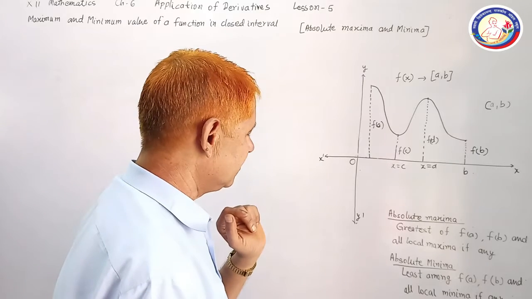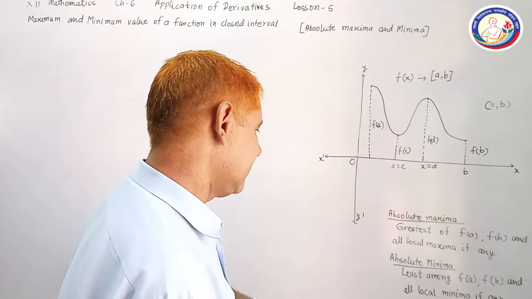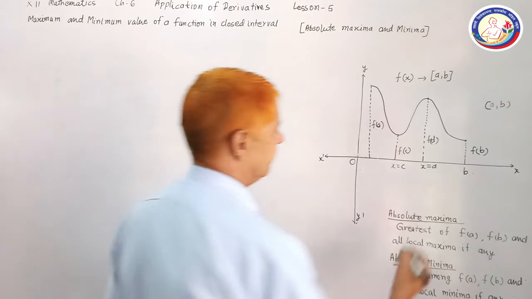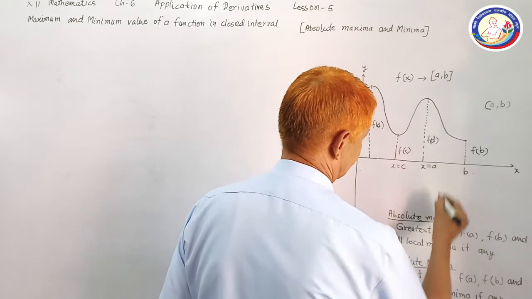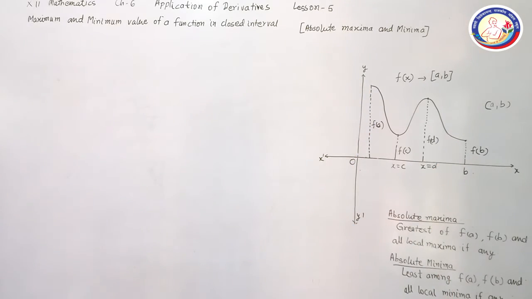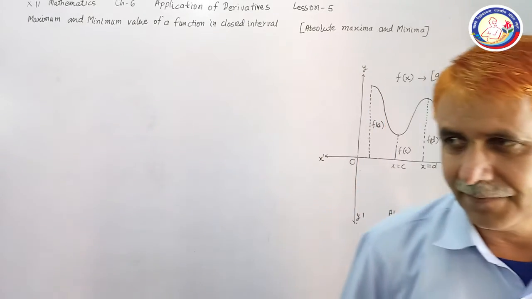So what will be our procedure? It will be just like we studied in the previous class. First of all, we will find the critical points, say c and d, by taking the value of the first derivative equal to 0.